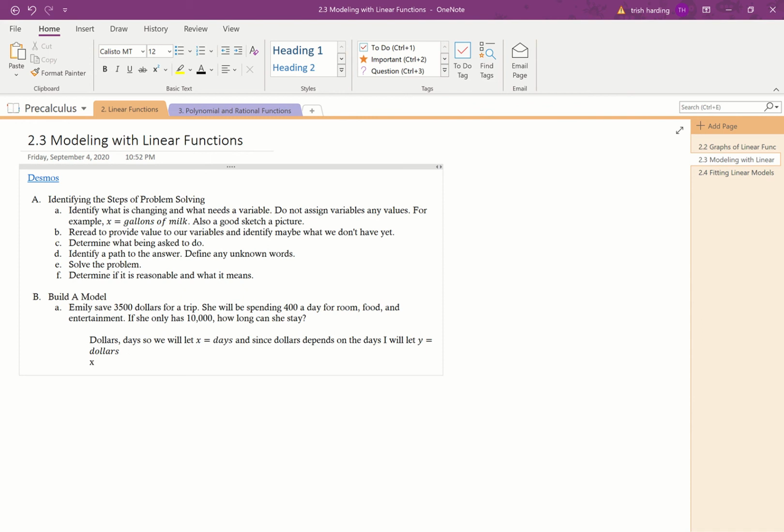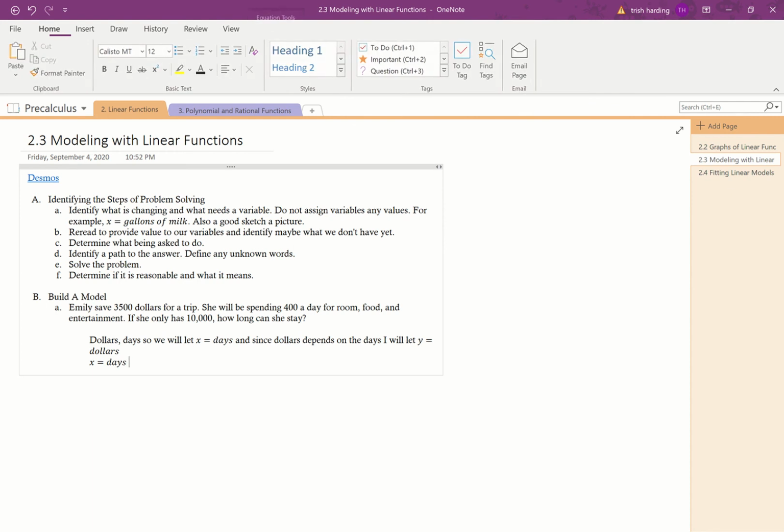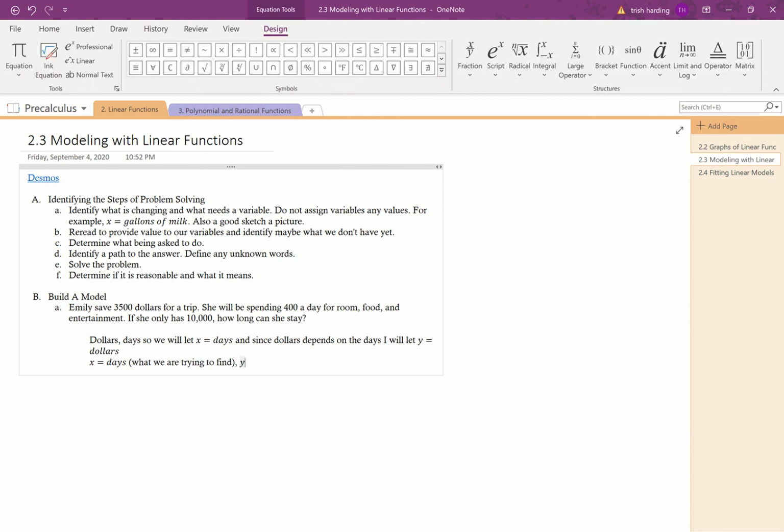Here, X equals days. Notice that is what we are trying to find. Y is actually going to be equal to a linear equation, if you did not notice that, because it's a function, right?